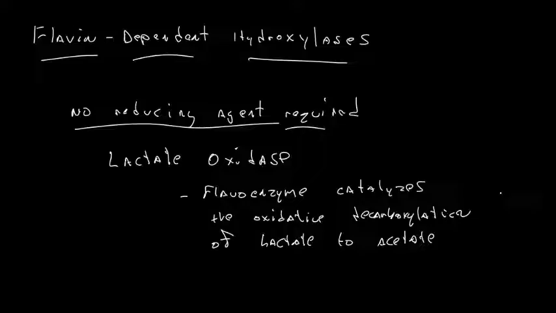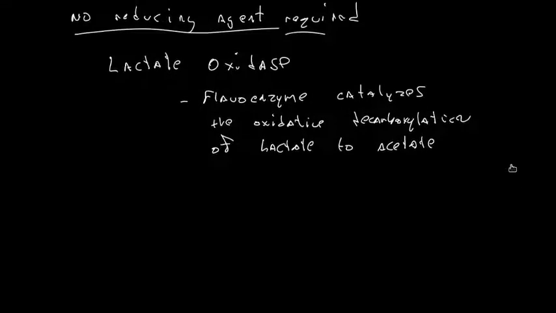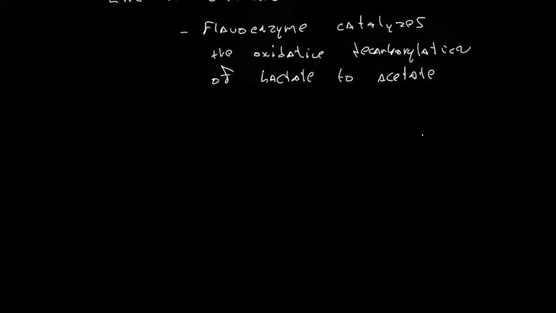One example is lactate oxidase. Lactate oxidase is a flavoenzyme that catalyzes the oxidative decarboxylation of lactate to acetate. It's essentially this reaction here. This is lactate. I always remember it because it's reduced pyruvate.